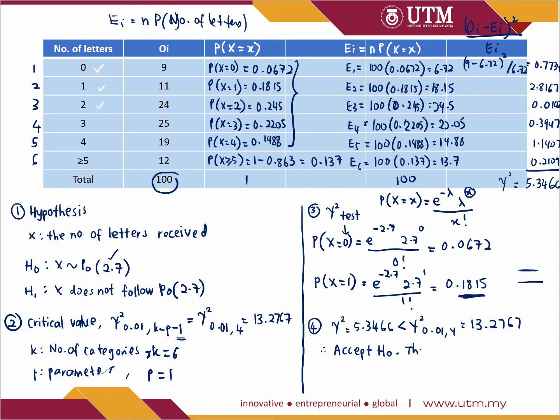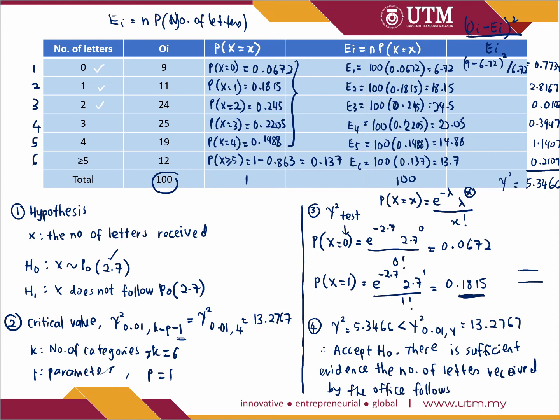Okay, so there is sufficient evidence that the number of letters received by the office follows a Poisson distribution with mean 2.7 letters per day.